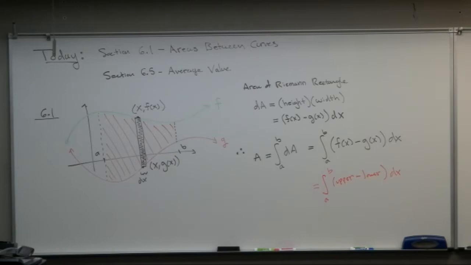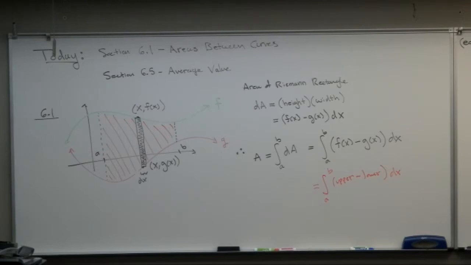We can do a quick example. I'll pan the camera over to the other board here after I write the example. Let's find the area between, let's say, f for my upper, right?